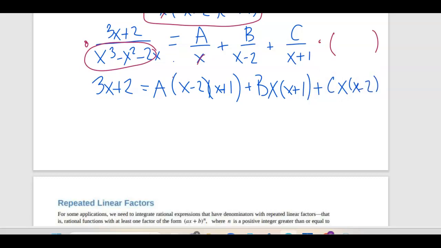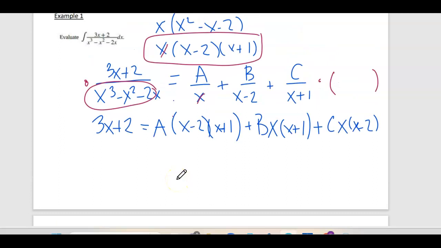Now, I personally use something called strategic substitution in order to find my A, B, and C. There's a couple different ways you can do this. I use strategic substitution, especially when I have distinct linear terms as my factors. So I say, okay, if x equals 2, then this whole thing ends up being 0, and this ends up being 0.